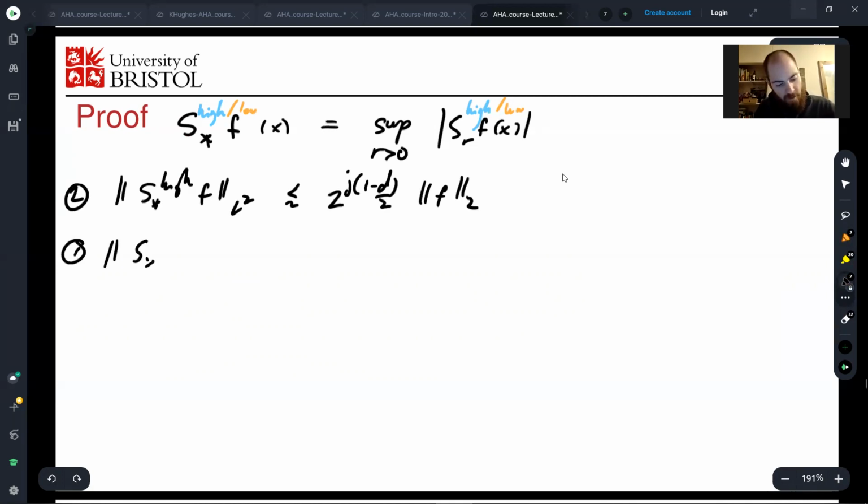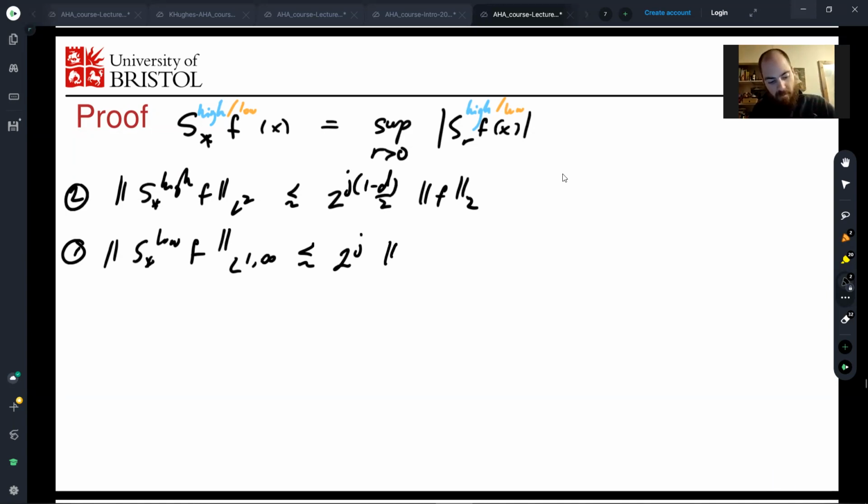Should have written it first. All right, S star low on F. Well, okay, I didn't prove this yet, but I'll tell you how to in just a minute. This is at most, in L^{1,infinity}, 2 to the J times the L1 norm of F.